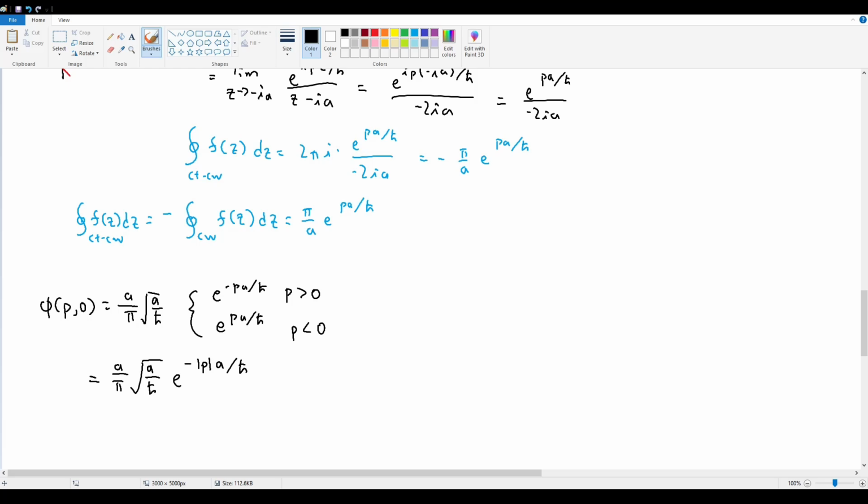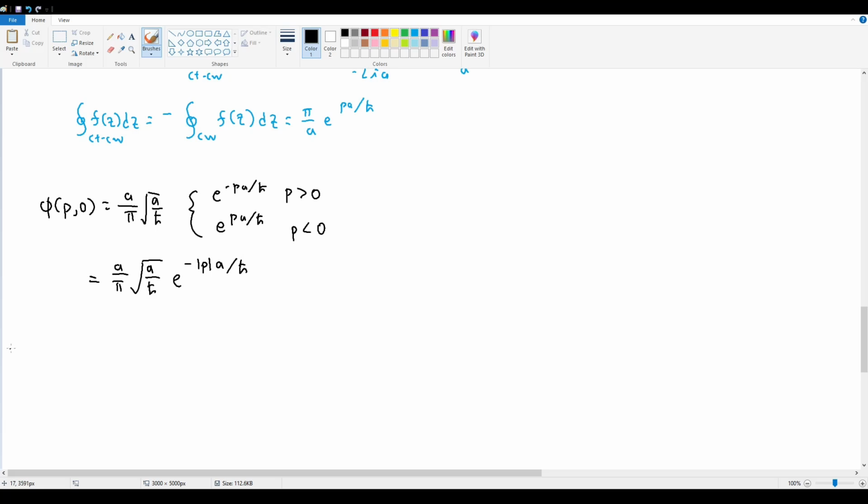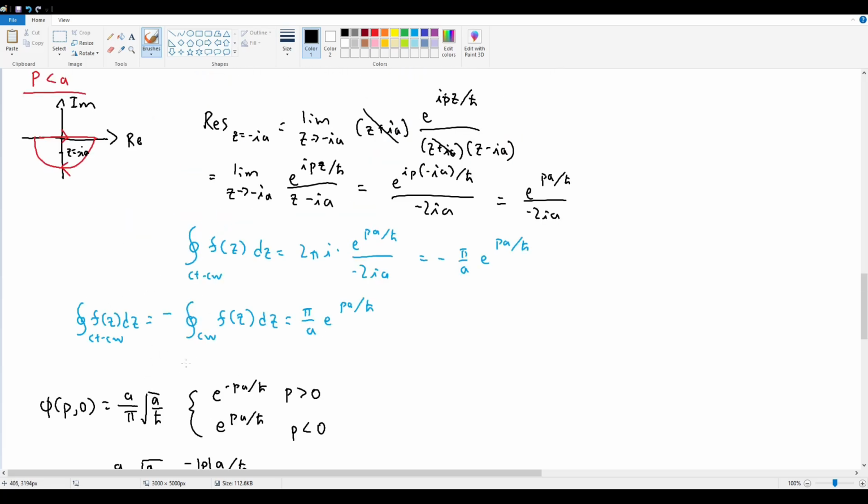Now let's check for normalization, right? So if this is our wave function in terms of p, then our magnitude squared is going to equal a squared over pi times a over h bar, right? Times the integral of, actually, wait, hang on.